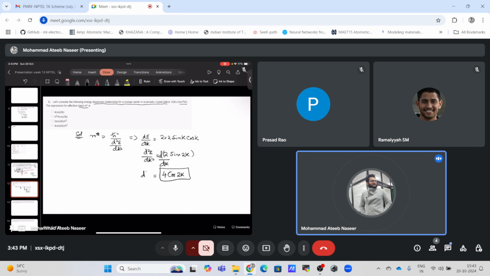So m star is simply h bar square divided by 4 cos 2k. So option B is the correct option to go with.